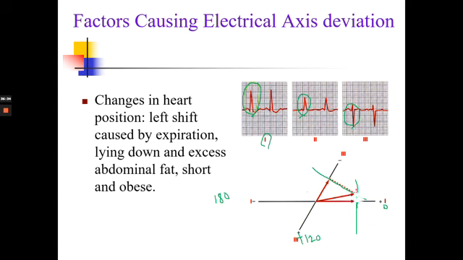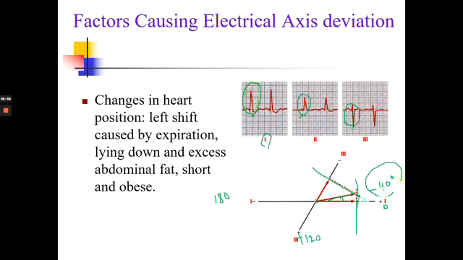They have to meet at some point. You draw a line from the center of the triangle to the point of intersection, and this is the angle of the mean electrical axis, which here is minus 40 degrees.